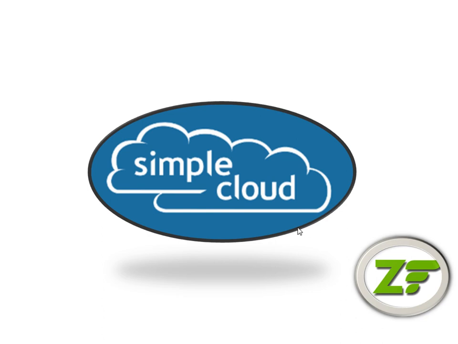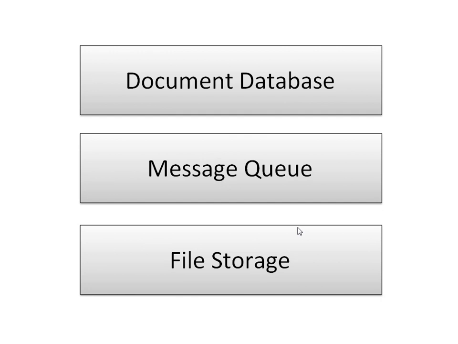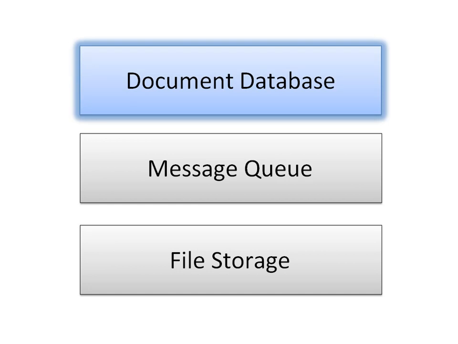There are basically three primary types of functionality that you're going to have in the Simplecloud framework: document databases, message queues, and file storage. We're going to start with the one that is the most popular right now, and that is document databases.